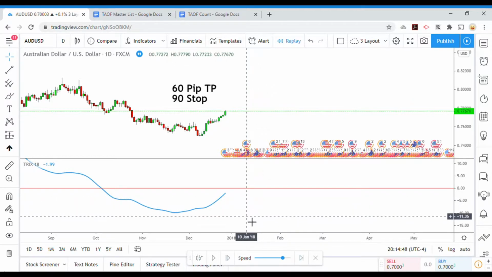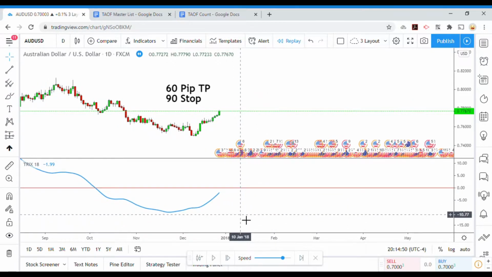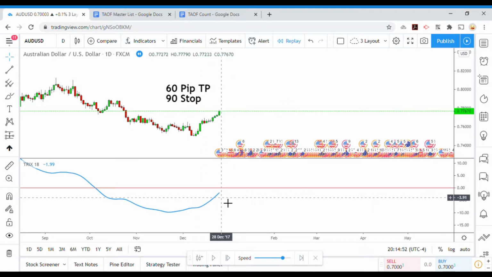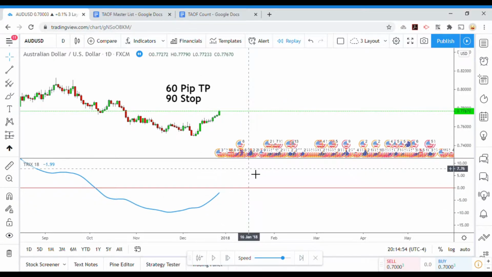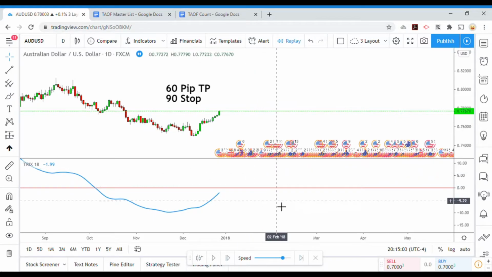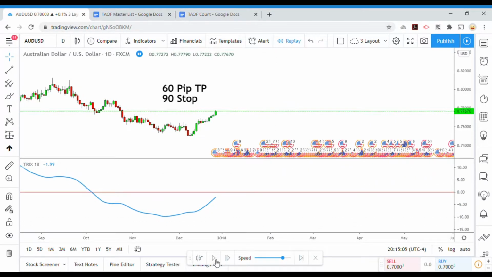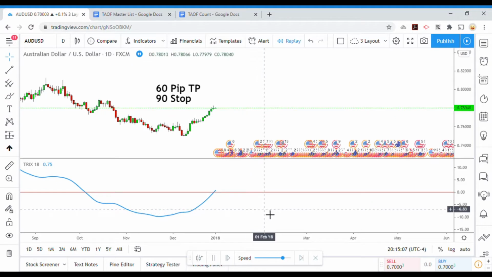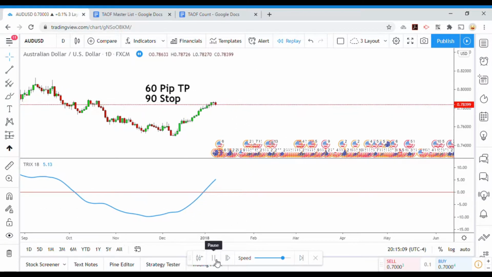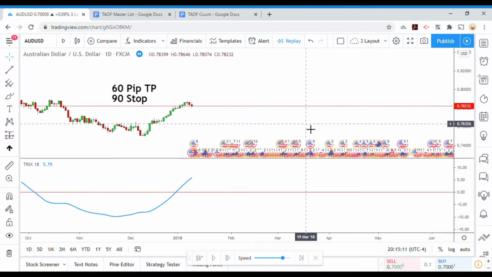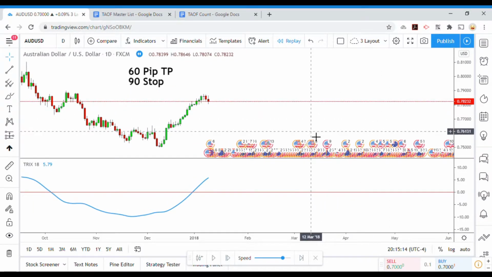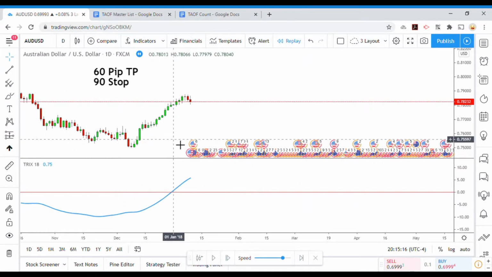As with any other zero line indicator, when it crosses up above the zero line, that is a signal to go long. When it crosses down below, that is a signal to go short. And that is how we will be testing it today. So let's get on with testing the Trix indicator and see what exactly it can do for us.